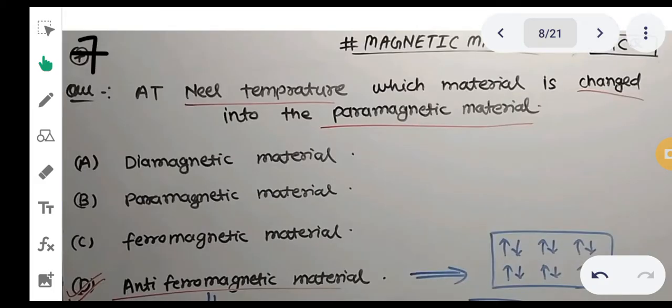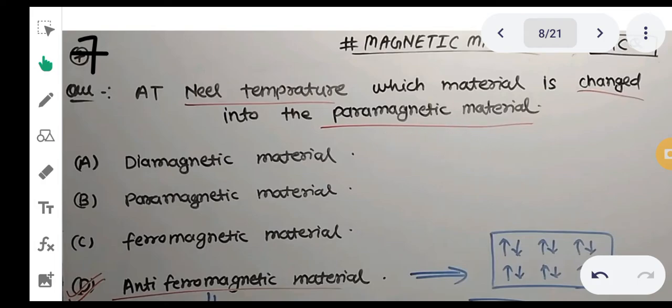Question 7. At the Néel temperature, which material is changed into a paramagnetic material? So the answer is antiferromagnetic materials. Remember, for the types of ferromaterials, we have antiferromagnetic materials and ferrimagnetic materials. So at this Néel temperature, the material will change into a paramagnetic material.